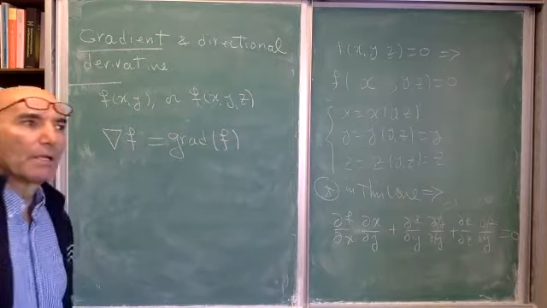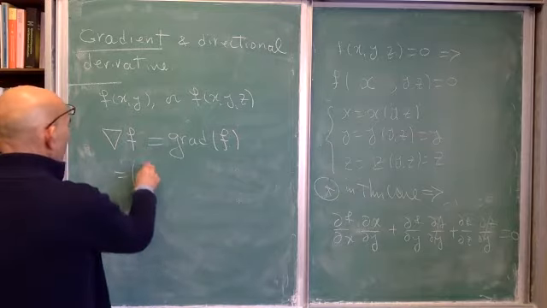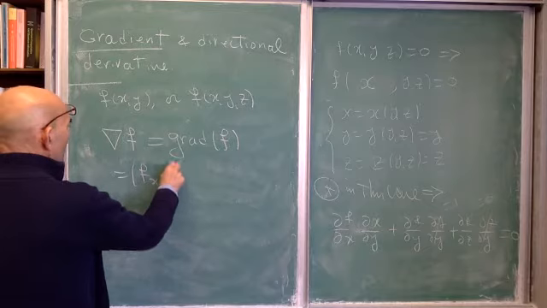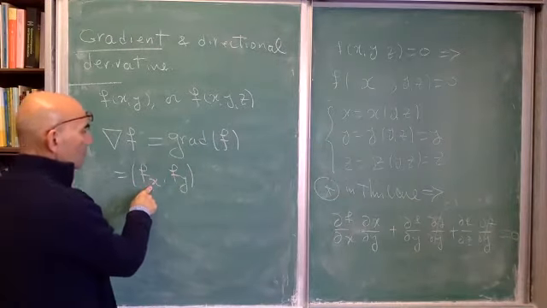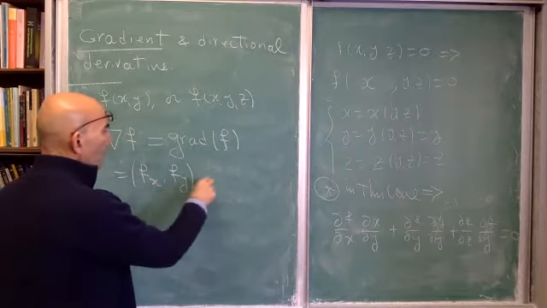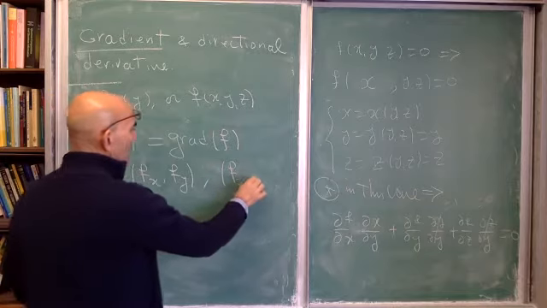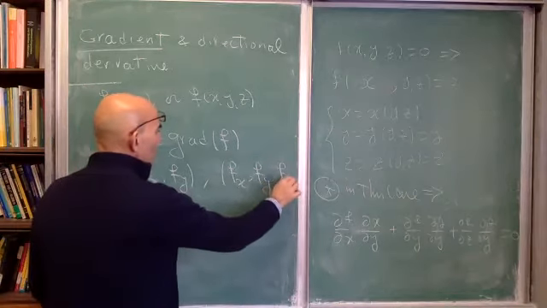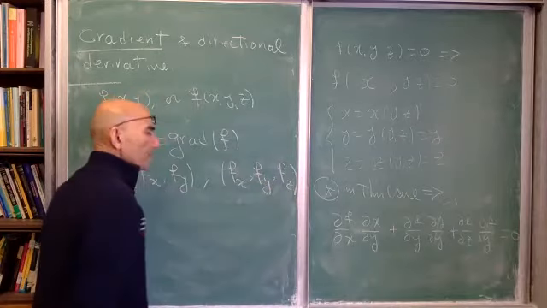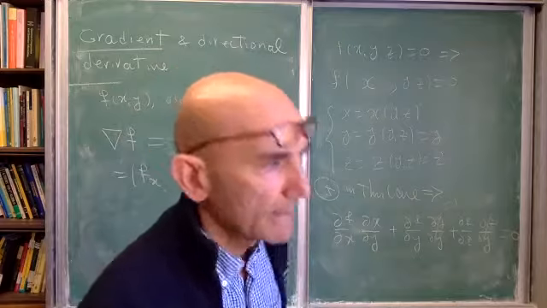So remember, we use these two notations. And this is equal to fx, fy. It means partial derivative with respect to x, partial derivative with respect to y. In this case, it is partial derivative with respect to x, y, and z. Okay, so it's a vector.